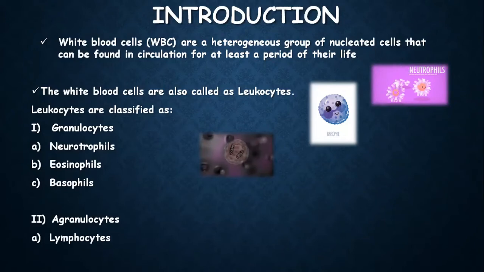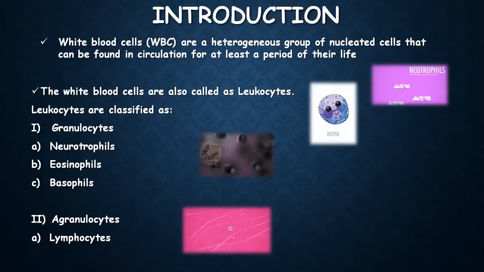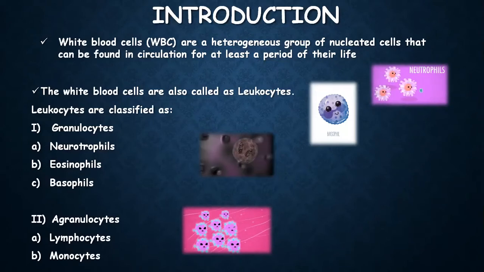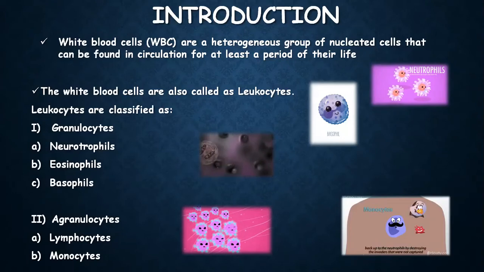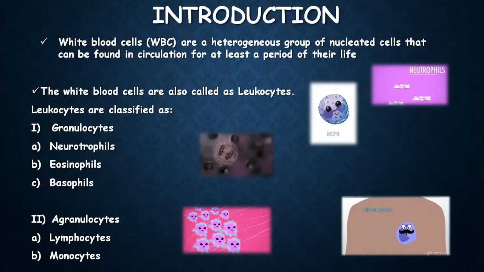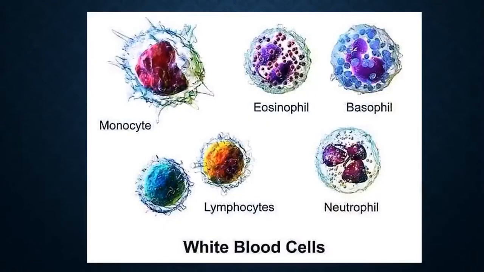In that, first one is the lymphocyte, second one is the monocyte. These are the classification of the leukocytes. Now see, these are the monocyte, eosinophil, basophil, neutrophils and the lymphocytes.